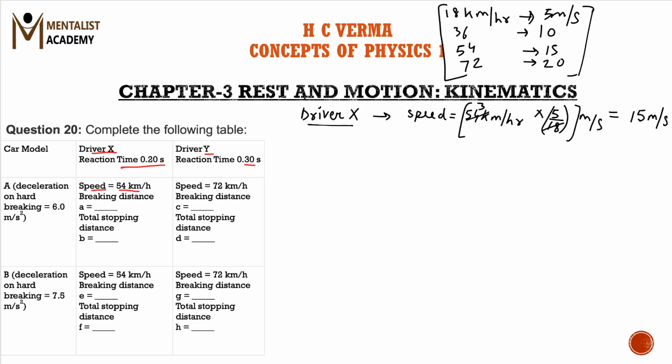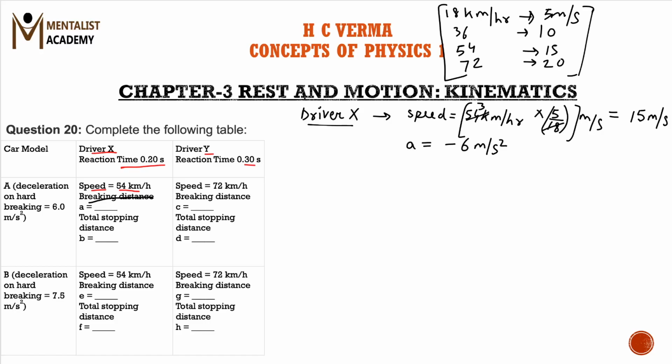The negative acceleration of the driver is given as -6 meter per second square. So if we have to calculate the braking distance, what is the braking distance? Braking distance is the distance moved by the car between applying the brakes and stopping of the car.